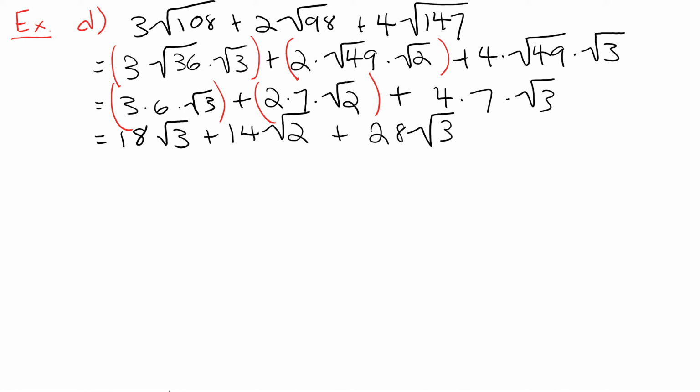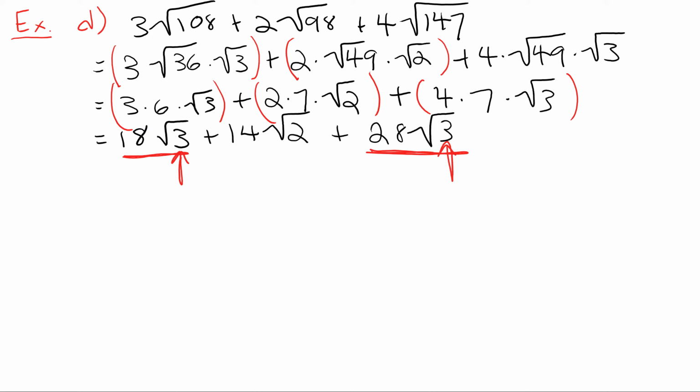However, once we've gotten to this part, we see that we have 2 mixed radicals that are actually like radicals. We have 18 root 3 and 28 root 3 that both have the same radicand, which is 3, or they're both being multiplied by root 3. Either way, it means the same thing.